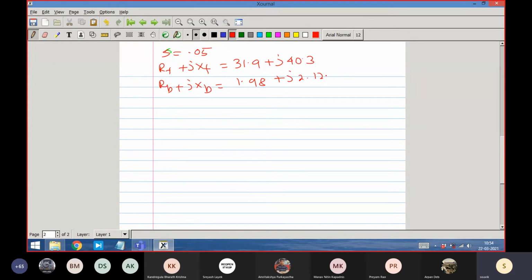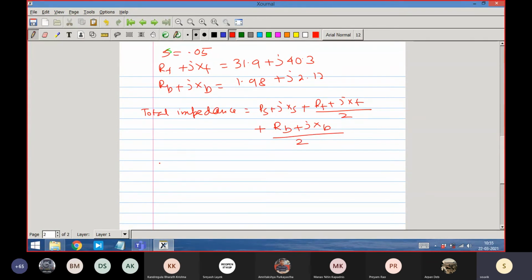So what is the total thing? Because our first objective will be to find out the current. The total impedance is equal to how much? That is RS plus jXS plus these two, RF plus jXF by 2 plus RB plus jXB by 2.